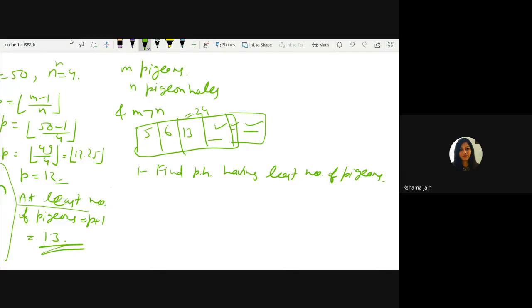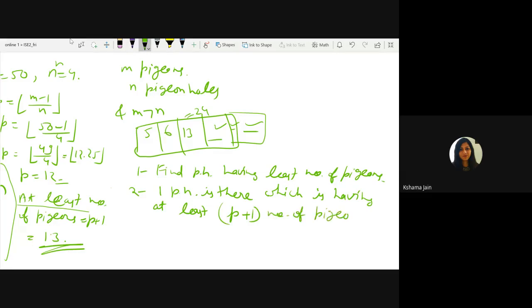Second statement: one pigeonhole is there which is having at least p plus 1 pigeons. Try to read these two lines and differentiate them, and then tell me where you are confused. PH I have written for pigeonhole, short form. First tell me, is there a difference between these two lines?